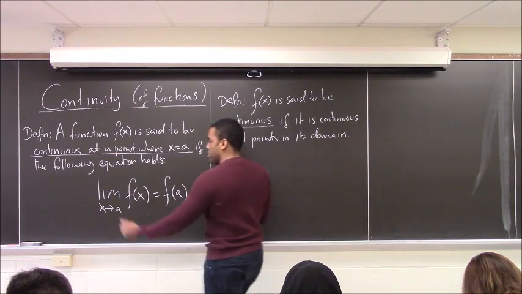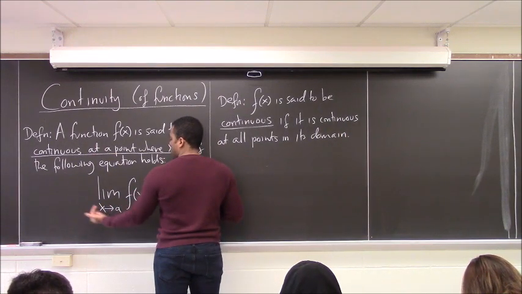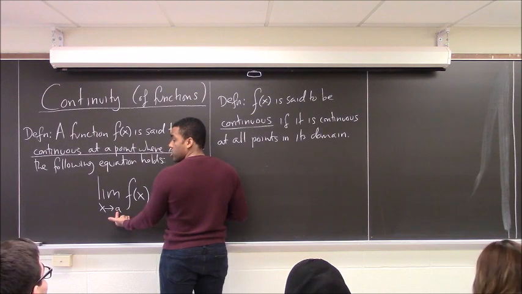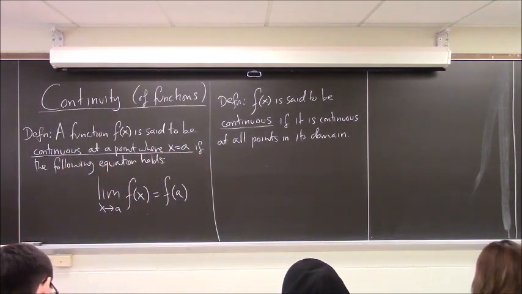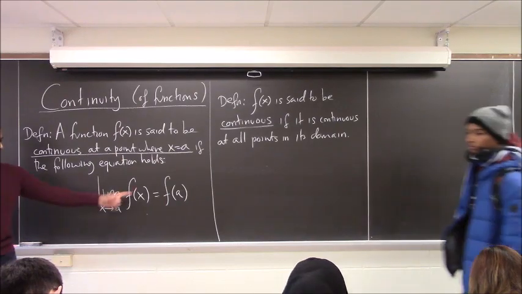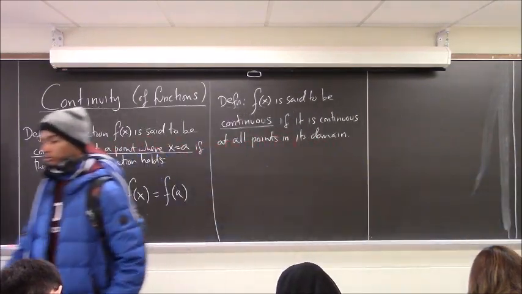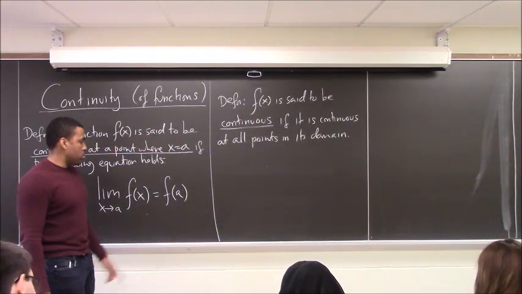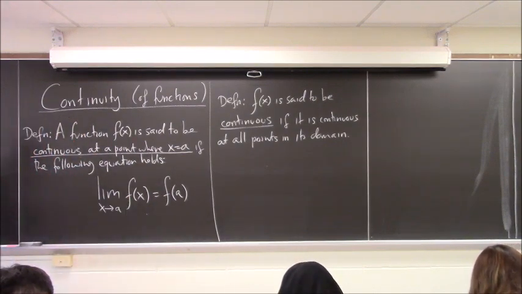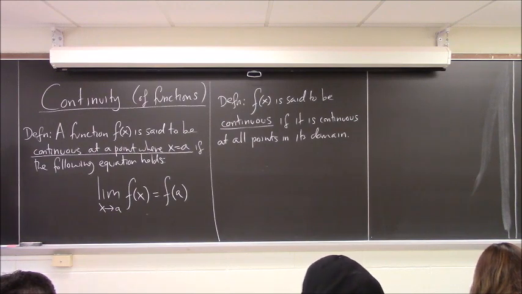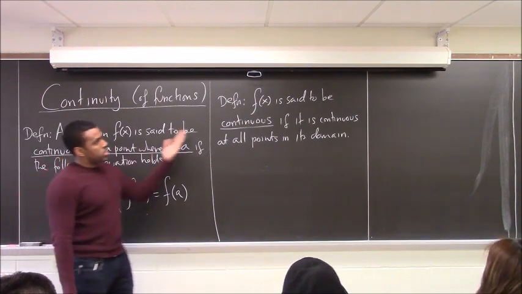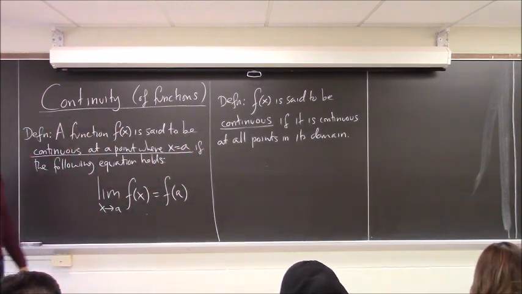Basically, if this equation is true for every single point a that is in the domain of the function, we say that function is continuous in general. However, you can talk about continuity at a specific point, and all you have to do to check continuity at that specific point is to check if this equation holds. If this equation holds at every single point in the domain of the function, then the function is said to be a continuous function.